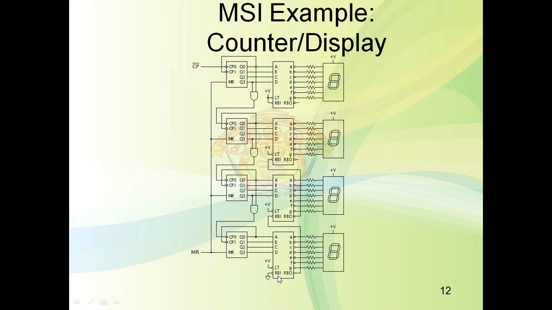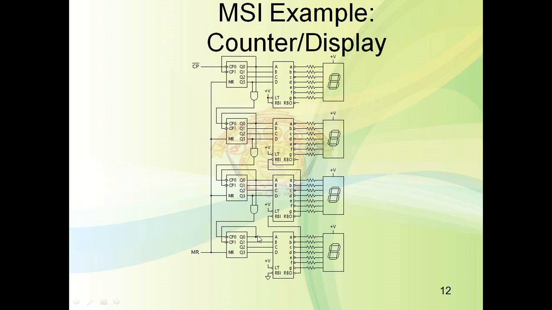That is, when ripple blanking input and this BCD input are equal to 0, the outputs are all made equal to 0 0 0. So the complement you will get is 1 1 1, so the display will be off at that time. Okay, so at that time RBI output is also 0.